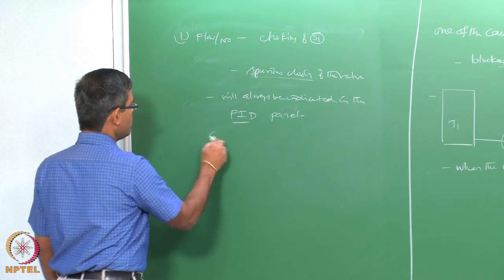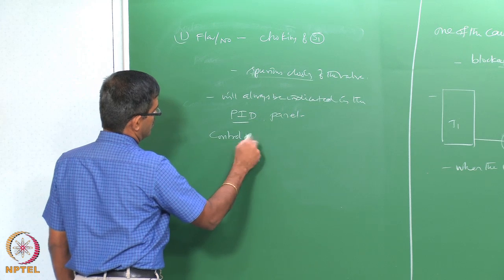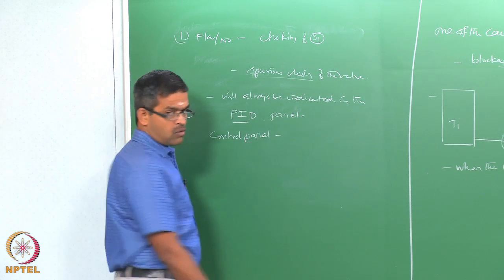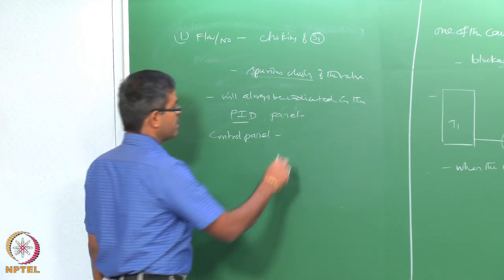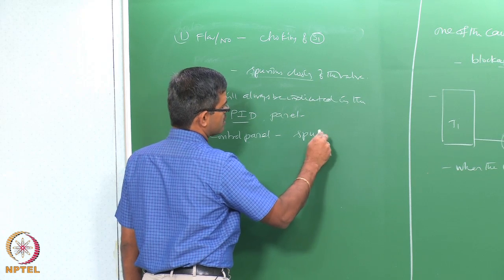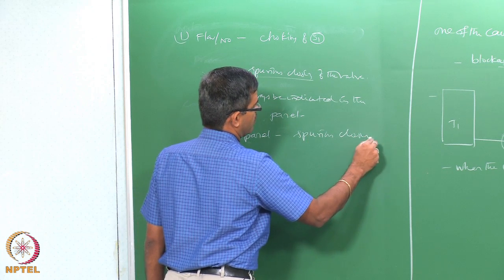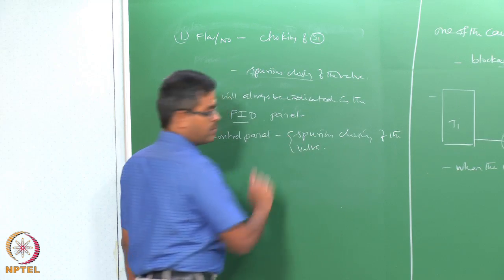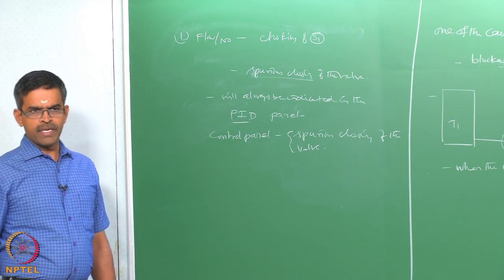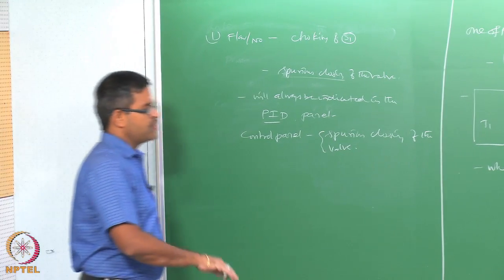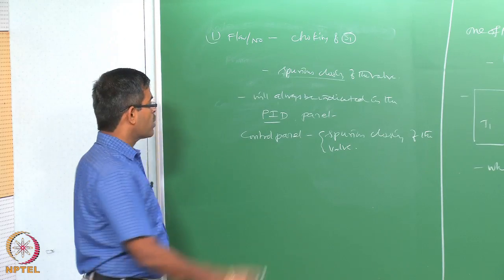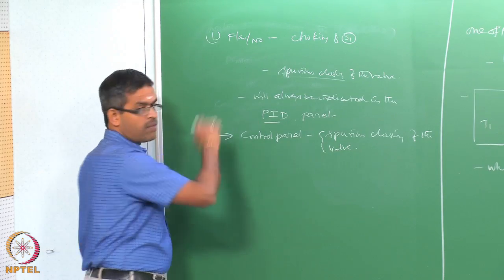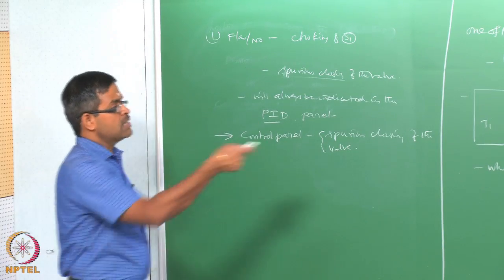So, the control panel will show there is a spurious closing of the valve. So, this will be indicated, okay. It will also show the physical positioning of the valve.